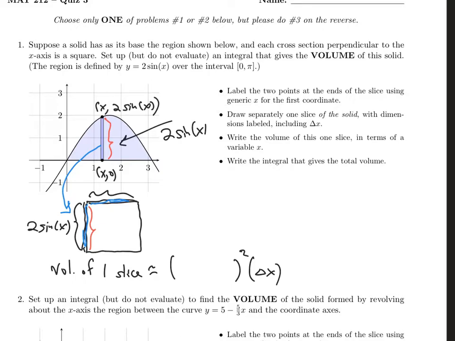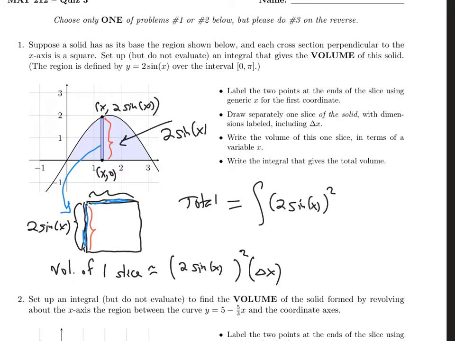So the volume is going to be the side squared, so 2 sine of x is the side measurement squared times delta x. Since that's the volume of a single slice in terms of a variable x, then the total volume is going to be the sum of all of those things.